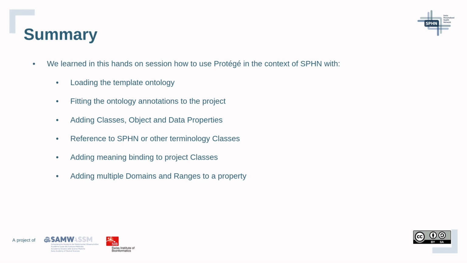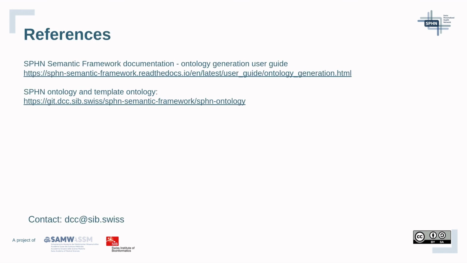You have also learned how to add the meaning binding to your project classes and how you can add multiple domains and ranges to a property. Do not forget to save your work when you are done. And we have also provided a few references here.